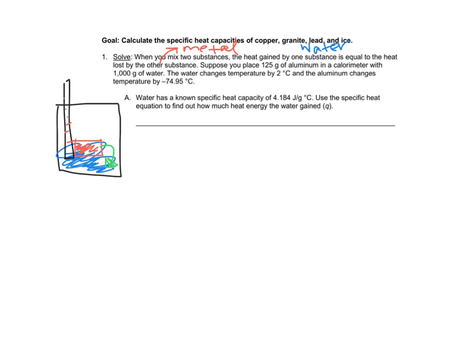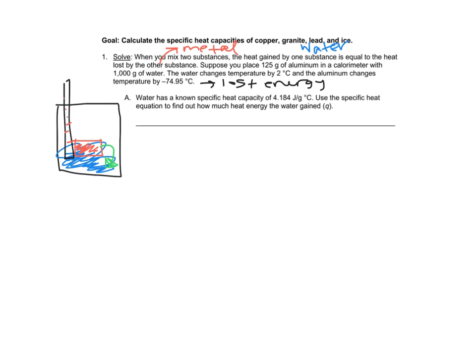The water changes temperature by 2 degrees, and the aluminum changes temperature by negative 74.95 degrees. Negative just means it lost temperature, or it lost heat. It started out really hot, and then it decreased 74.95 degrees Celsius. So it lost energy.